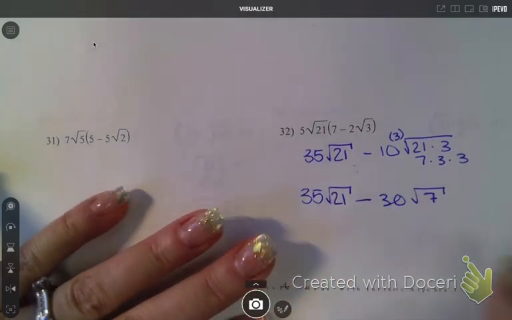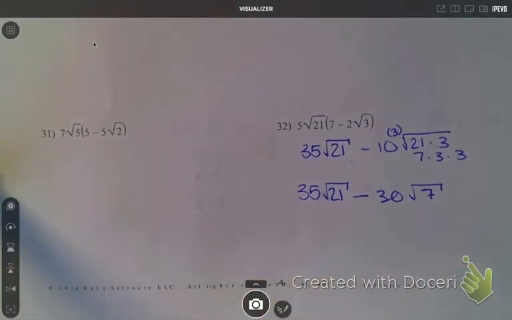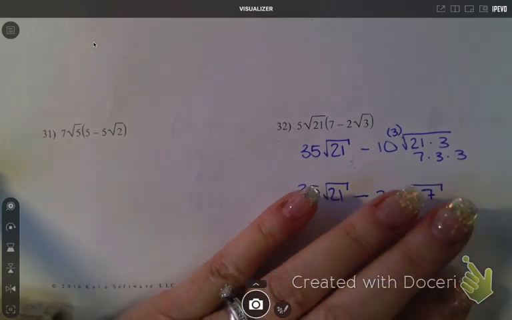I got minus 10 square root of 63, because I just multiplied. Yeah, but 63 is 9 times 7. You have to simplify 63. And where did the 9 go? You simplified it down and multiplied it by the 10.